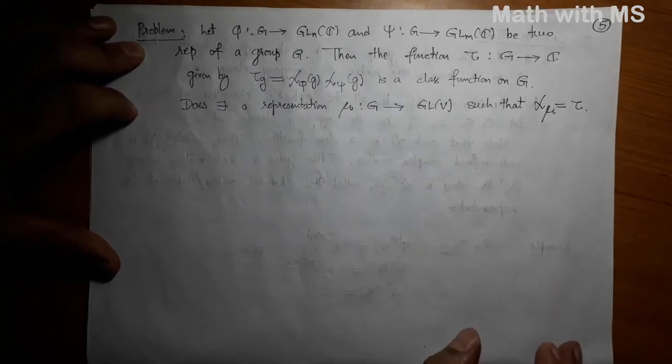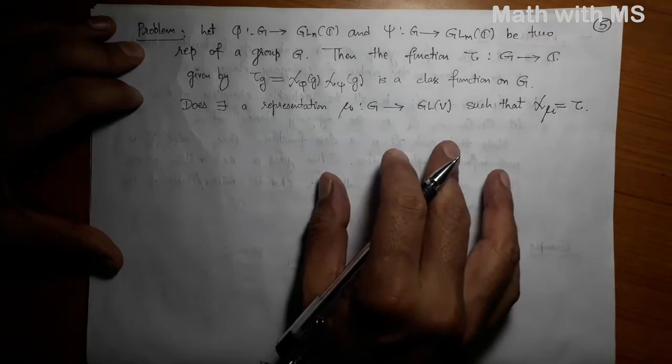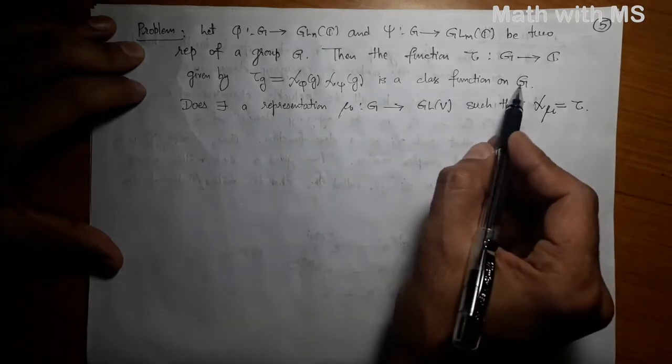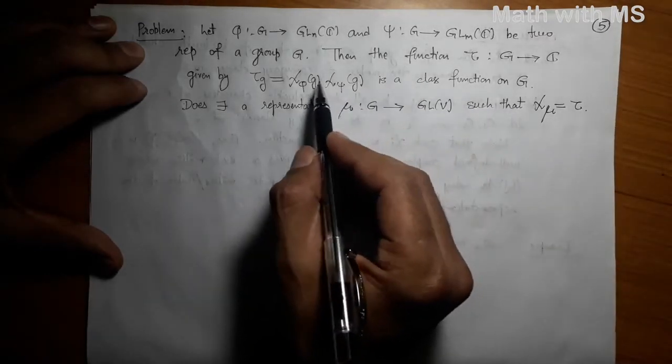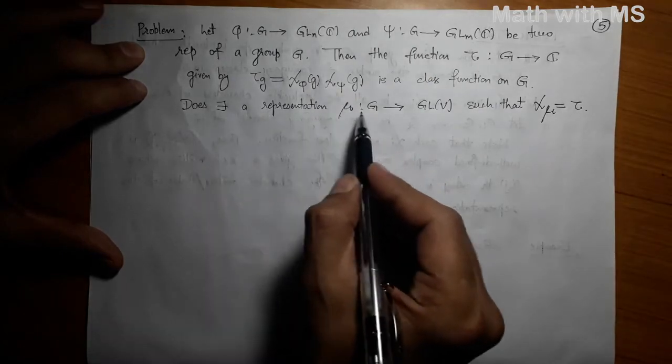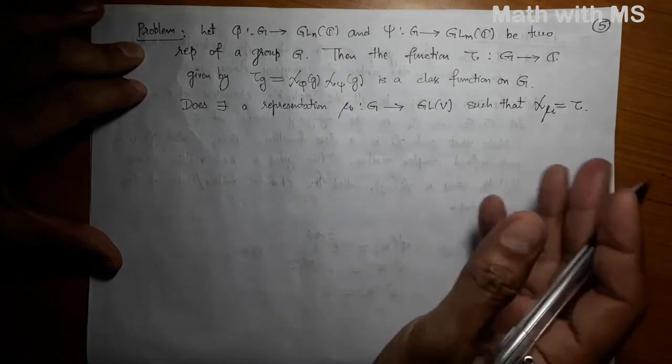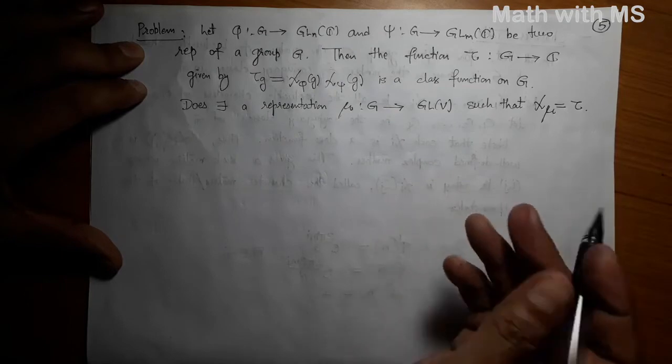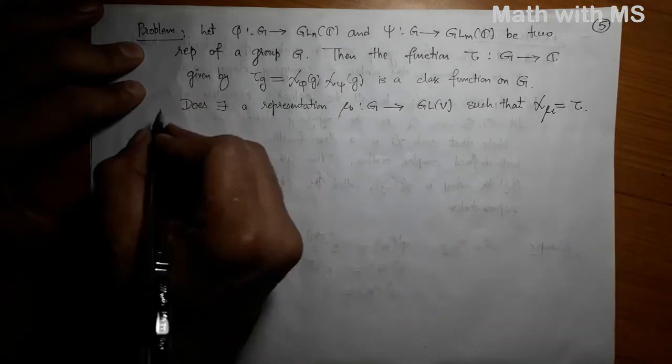This is a very natural question. You have a class preserving function that you obtain from two characters. The question is whether that class preserving function is again a character of some representation, and the answer is yes. So let's figure out.